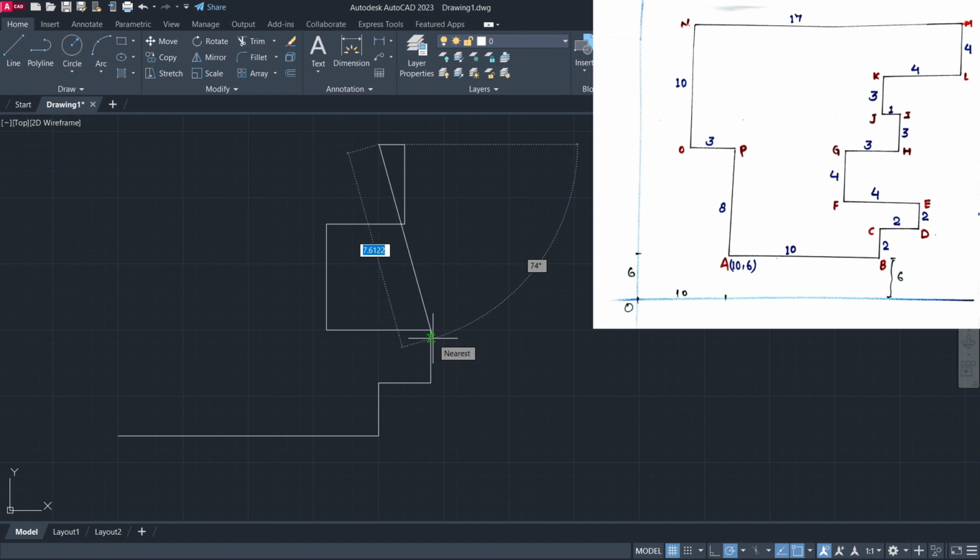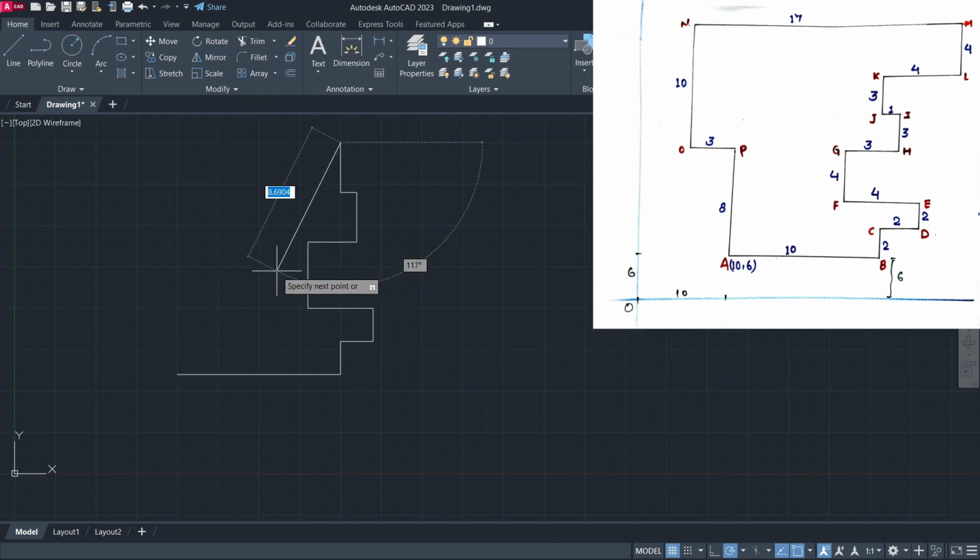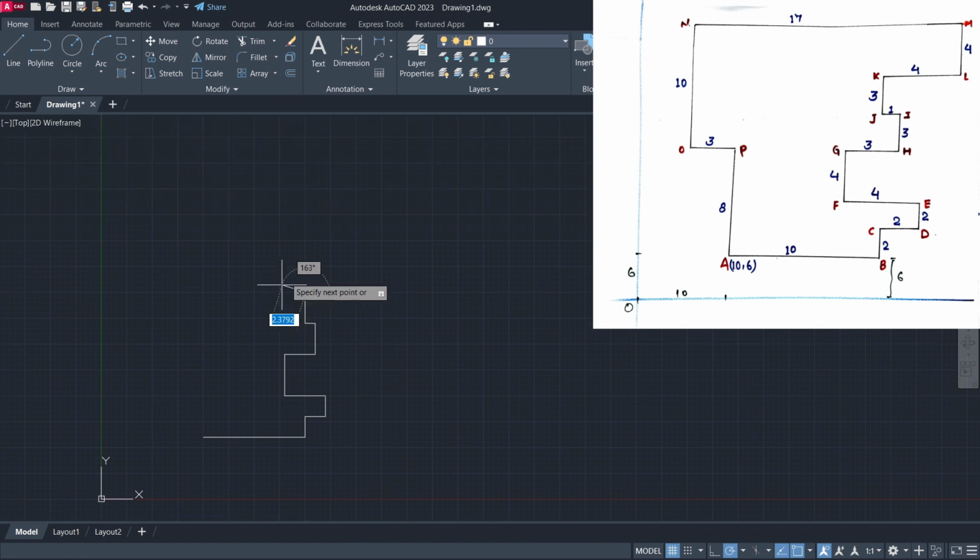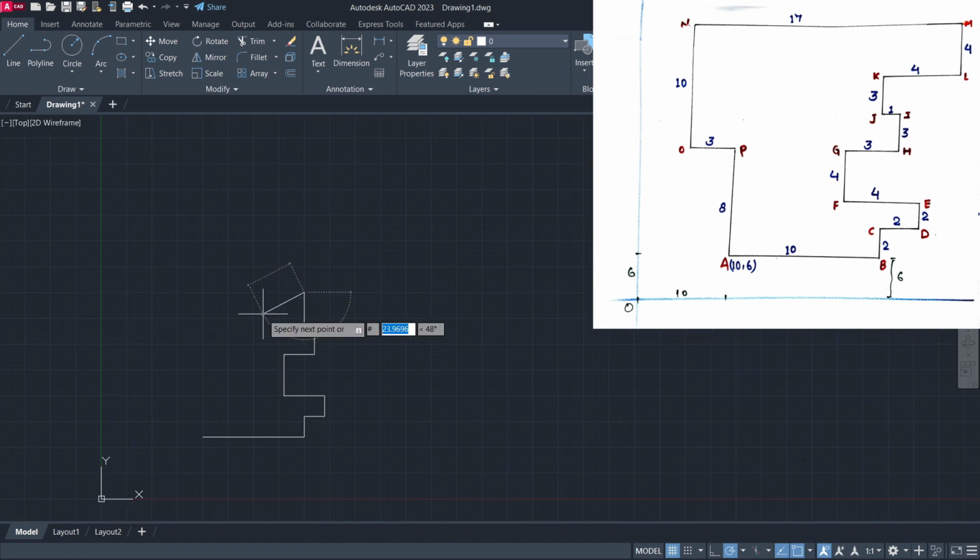Again we have 20, comma 20. Again we have 24, comma 20.